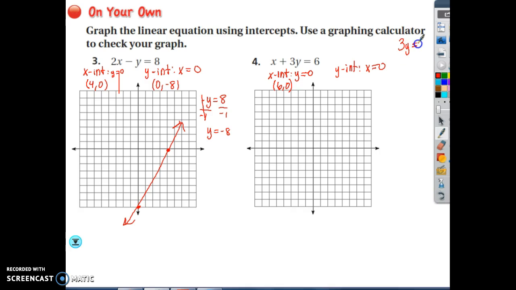Positive 3y is equal to 6, and when I divide by 3, I find y is equal to 2, leaving me with the point 0, 2. So my two intercepts are 6, 0, and 0, 2, and when I graph them, my x-intercept is here, and my y-intercept is here, leaving my graph to look something like this.